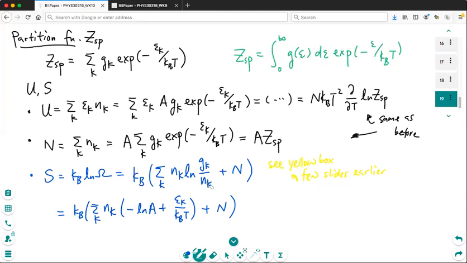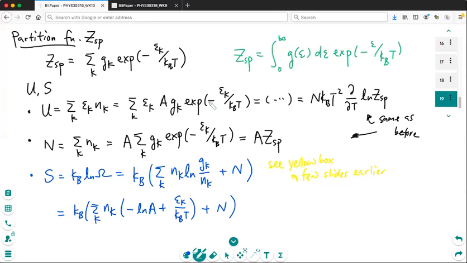So this is really coming from the expression of nk, right? What is nk? nk is A times gk times the exponential. So now I have nk divided by gk will be A times the exponential. But this is gk divided by nk, so I will have a minus sign here and here, right?